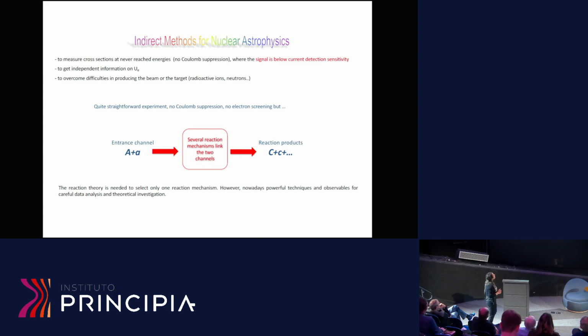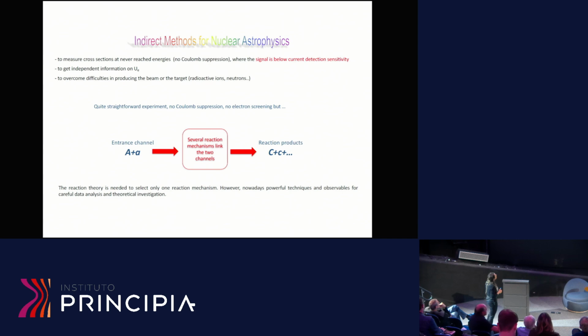They also allow us to get independent information on the screening potential. And nowadays, we can say that they also allow us to overcome difficulties in producing the beam or the target when radioactive ions and neutrons are considered.